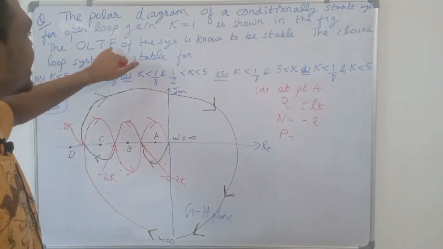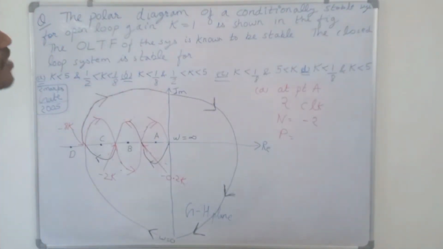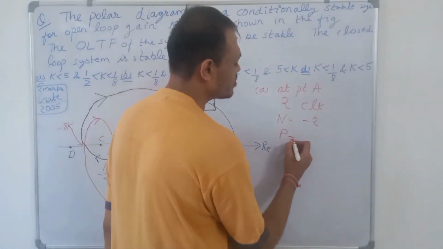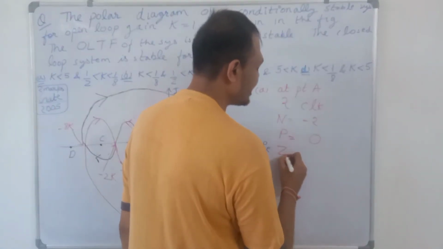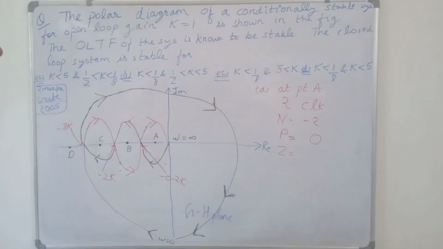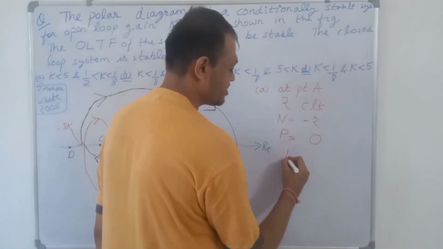But the question says that the open loop transfer function is known to be stable, so there are no poles in the right hand side, because for a stable system poles lie only on the left hand side. So P is 0. Now Z denotes the number of poles of the closed loop transfer function in the right hand side. So N will be equal to P minus Z.